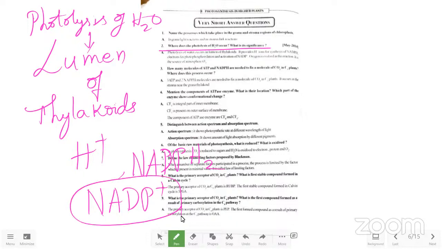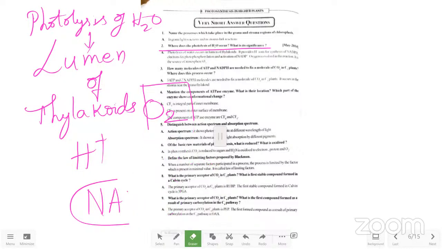By this photolysis, oxygen is released into the outside atmosphere as a byproduct of the light reactions. This is what we have to write here.